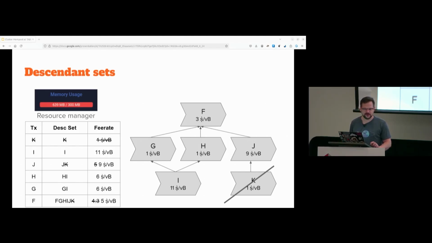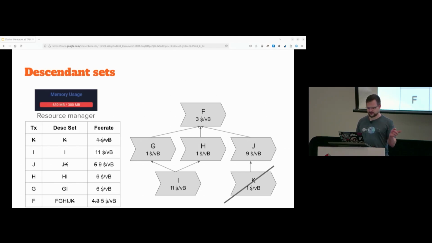That's going to be a lot of computation, and we don't want to do that for every single transaction that we evict. So that's why we use this heuristic where we look at the descendant set fee rates and we just throw out what has the lowest descendant set fee rate. But yeah, it's broken. It doesn't give us the thing that we will mine last, but just the thing that has the lowest descendant set fee rate.